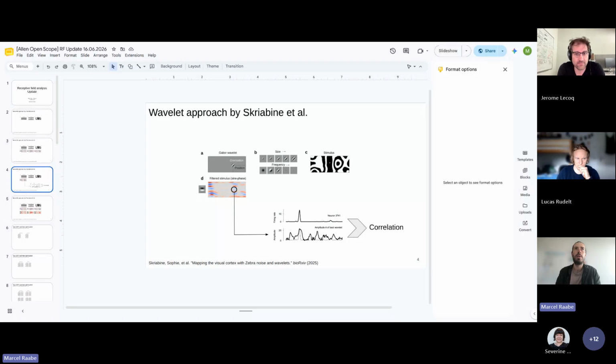If you give me just a few seconds, I can show you an example of the stimulus. I think you cannot see it, so I have to reshare.